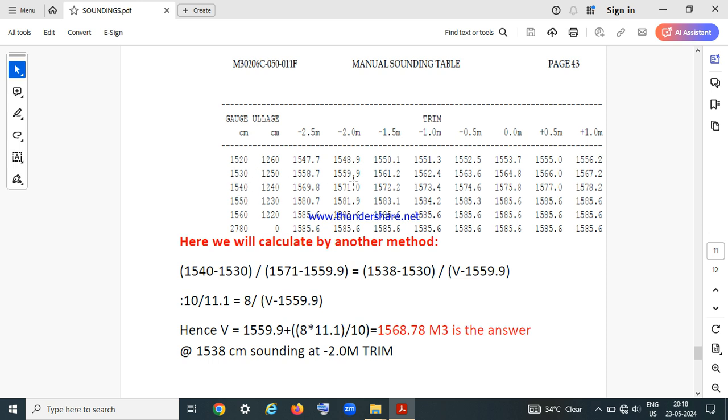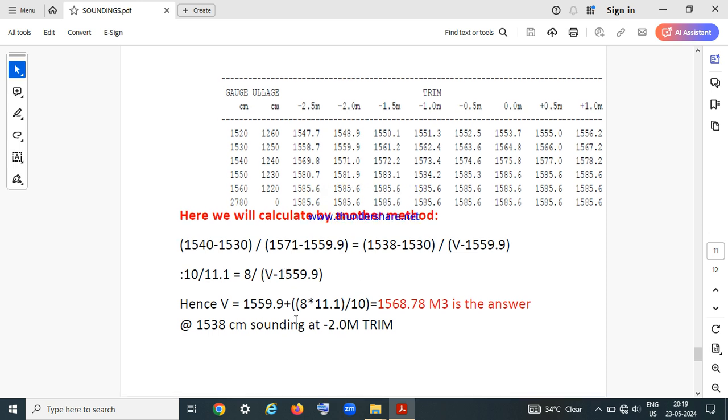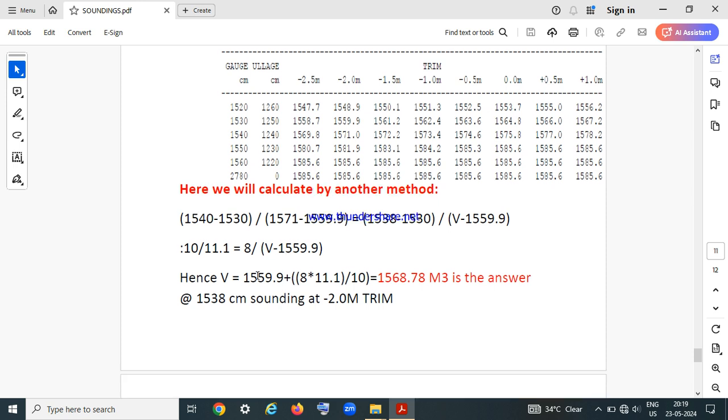First we took the difference of these two values, divided by the difference of these, equals the difference of 1538 and 1530, then the difference of value minus 1559.9. After calculating you will find this is a simple calculation, and you will get to know when you do it yourself. So we will find that 1568.78 meter cube is the answer.